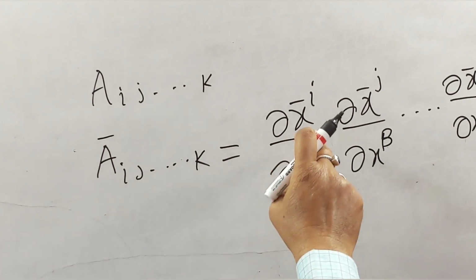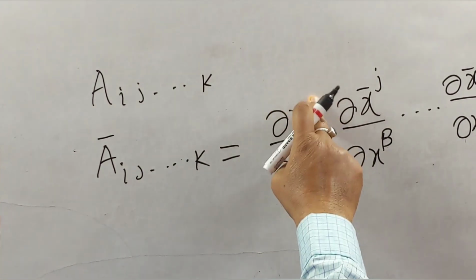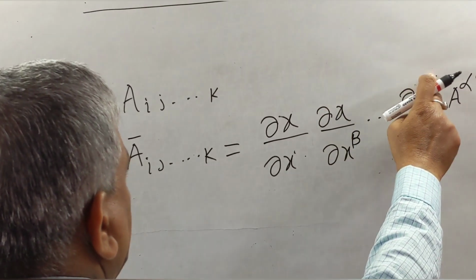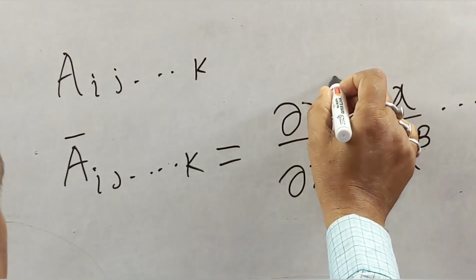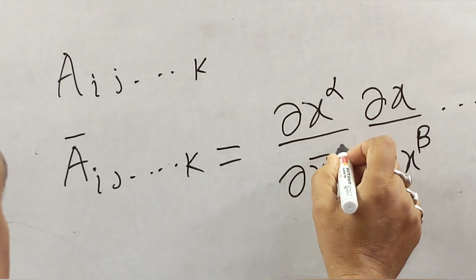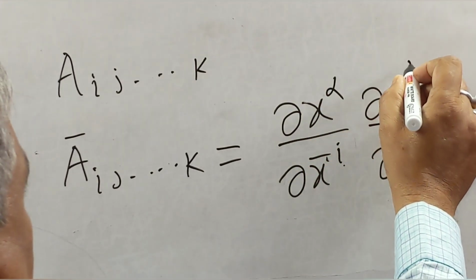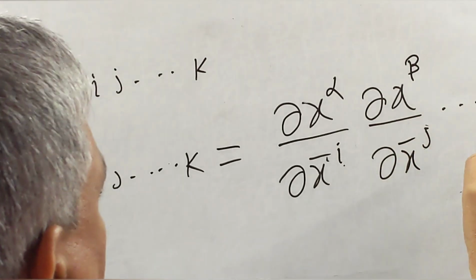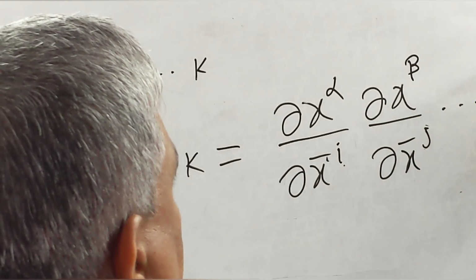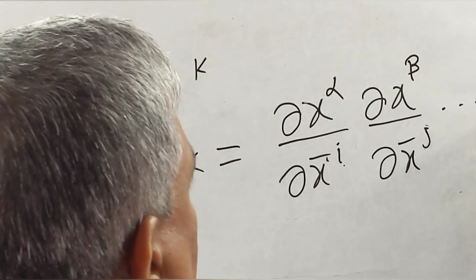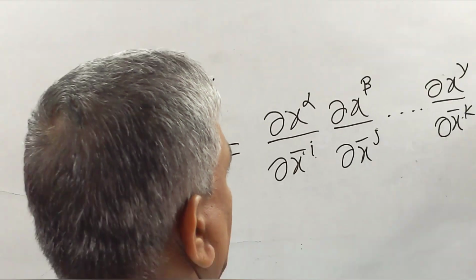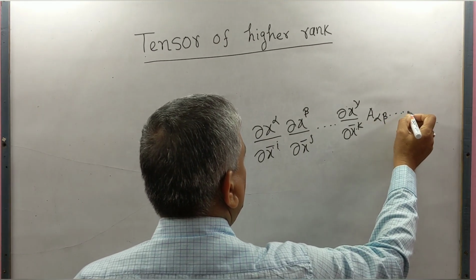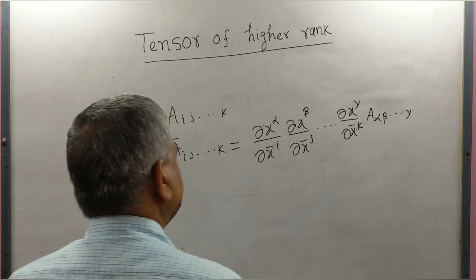According to the tensor law of transformation for covariant tensors, we write del x alpha by del x bar i, del x beta by del x bar j, dot dot dot, del x gamma by del x bar k, a alpha beta dot dot dot gamma.